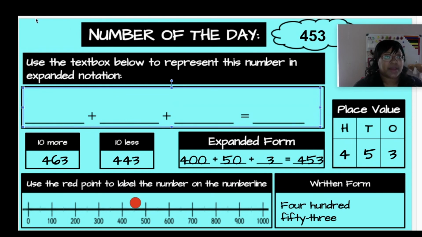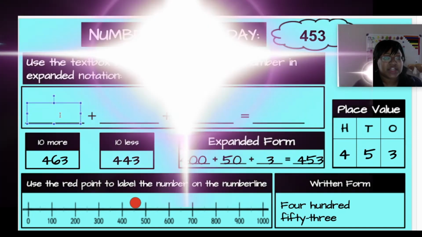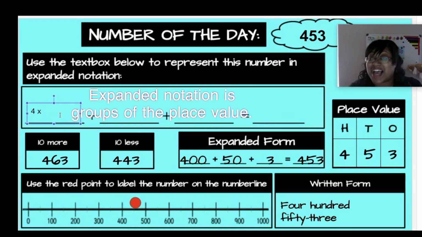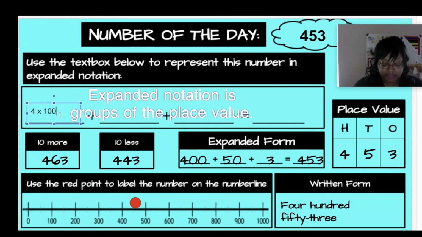Hey, I think I'm going to have to put in a text box. I'll make sure that you don't have to do this. So here, I'm going to put 4. For what? Groups of. We say groups of. Groups of we mark with a times symbol. For groups of 100. And then we put them in parentheses.